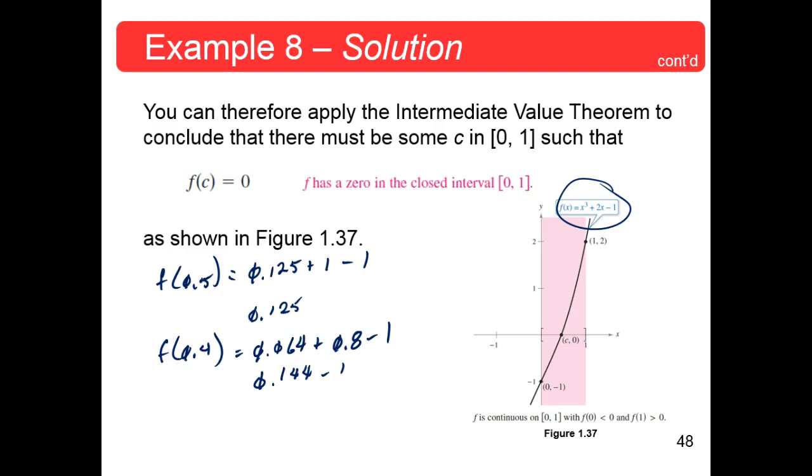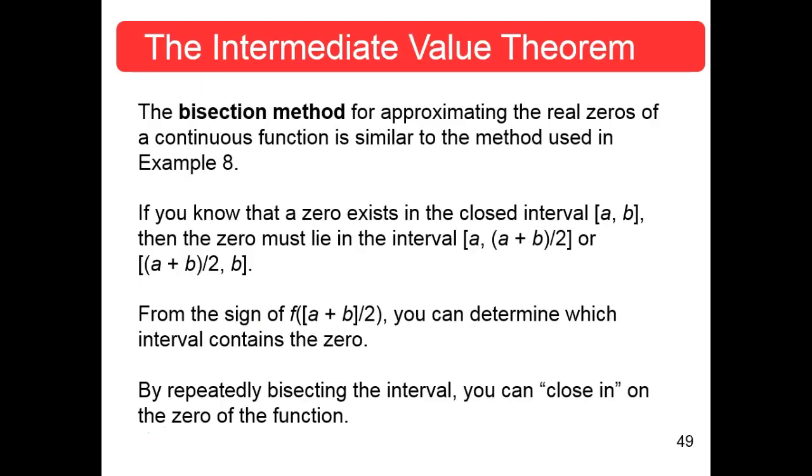So you can get close, but not exactly get there. Now, your calculators will do this for you if you know how to use them. So by repeatedly bisecting the interval, you can close in on the 0 of the function. You will never probably get exactly there because all you're dealing with is rational numbers. It's probably going to be an irrational number.